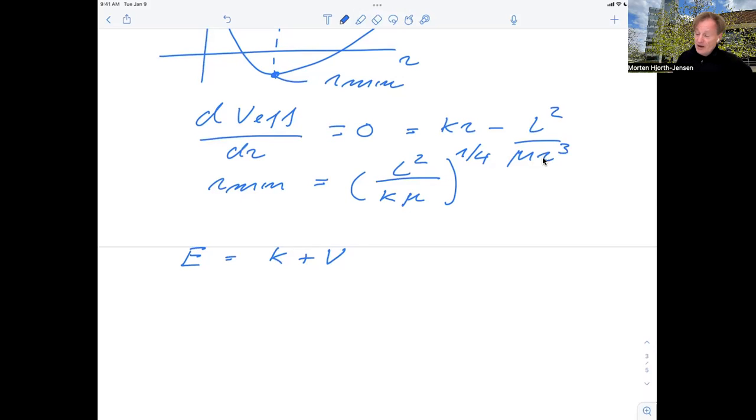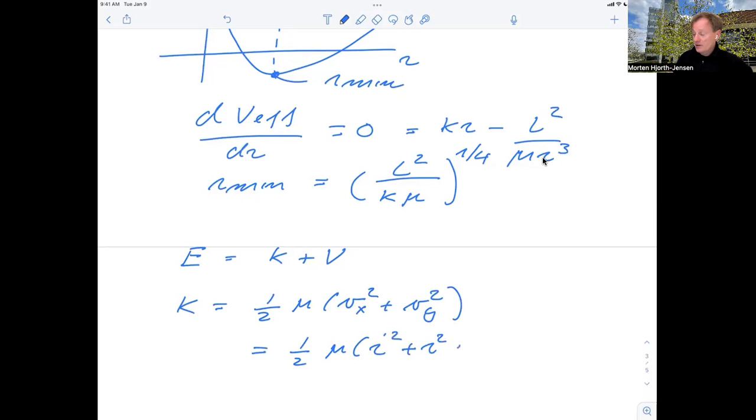So you have to remember also that k, this is one of the results we found last week, is given by 1/2 of mu times V of x squared when we are now in 2 dimensions. And when we rewrote that one in terms of the polar coordinates, this became equal to mu times r dot squared plus r squared times phi dot squared.